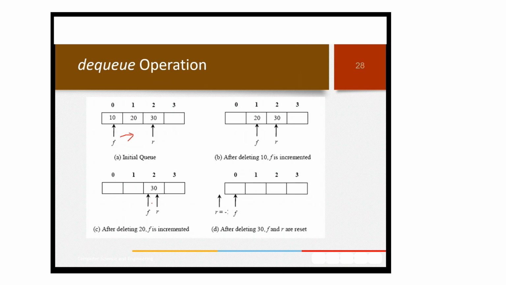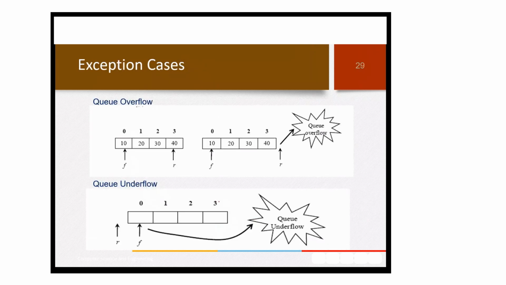So when F is equal to R, when F catches R, what does it mean? There is only one element in the queue. So that's exactly what happens. So you can reset the queue, so this is -1, because you know that no more elements are there. So what is overflow? When R reaches max -1.